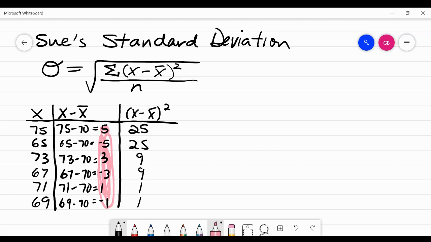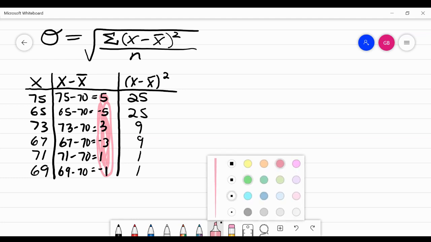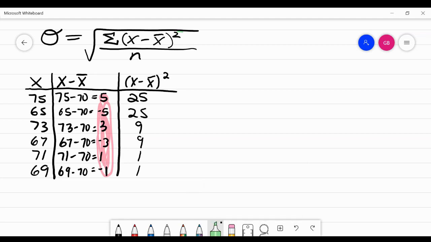Okay. Next, we're going to find the sum. All right, so we have another color. So you see this that I boxed in green here?